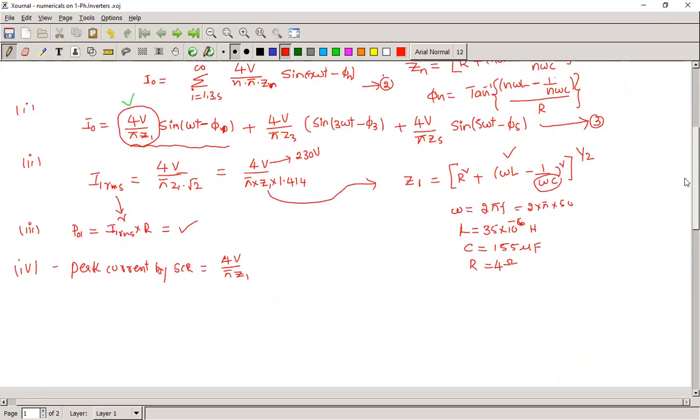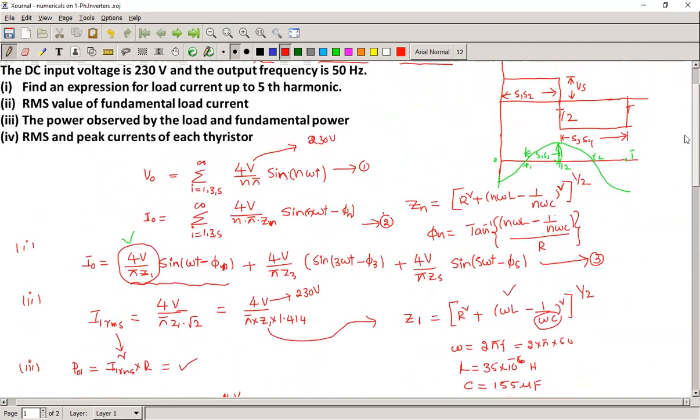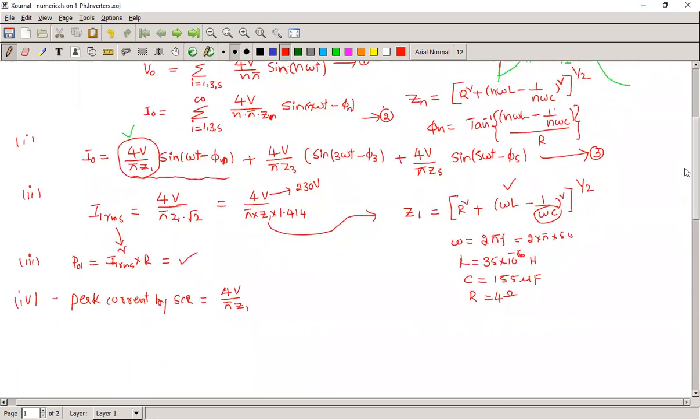Suppose load power, third bit, is the fundamental power plus I3 RMS square into R plus I5 RMS square into R. These two quantities are nothing but the power absorbed by the load with respect to the third harmonic and fifth harmonic.